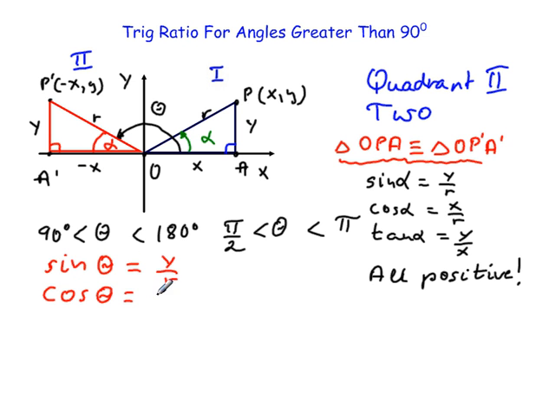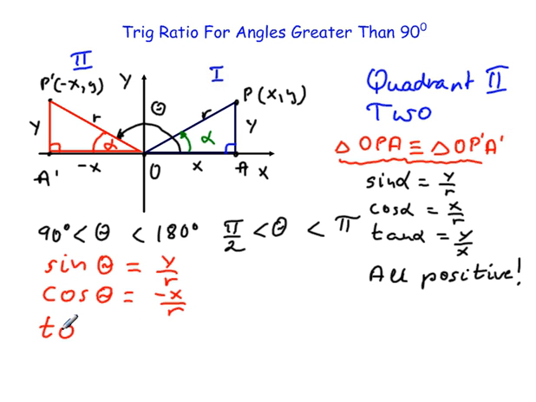So this is negative x over r. So the difference between first quadrant for cosine ratio remains positive here, because we have positive reading for x value and positive for r, whereas here we have negative reading for x value and positive reading for r.